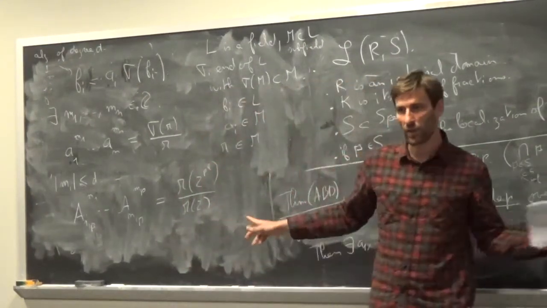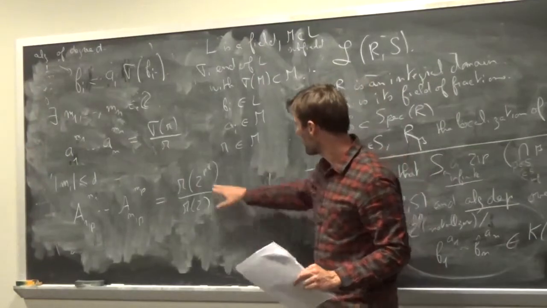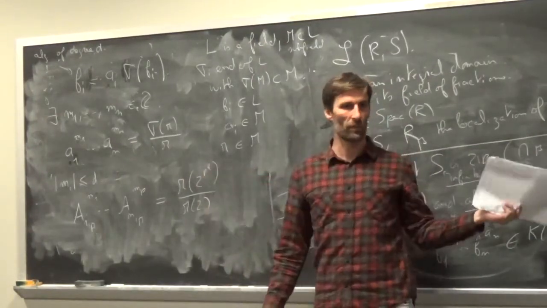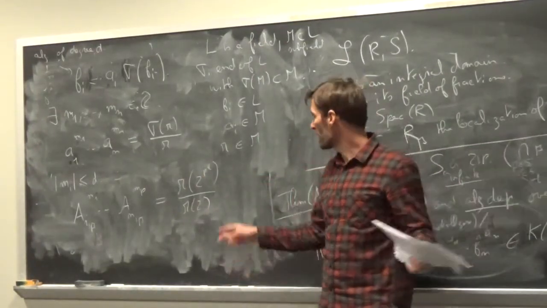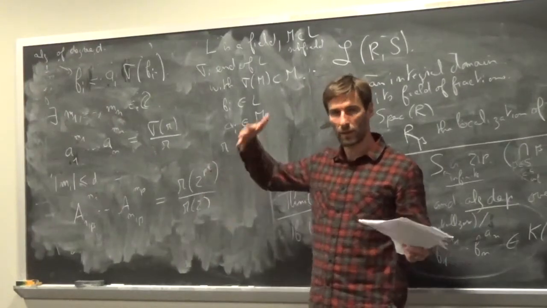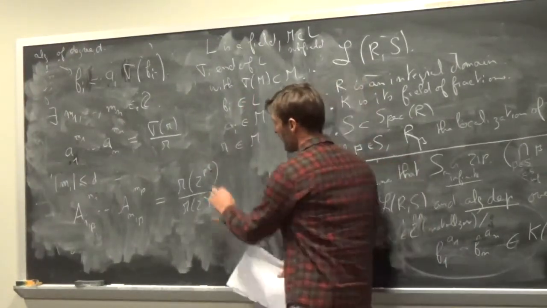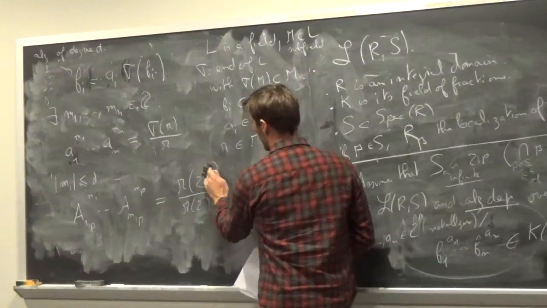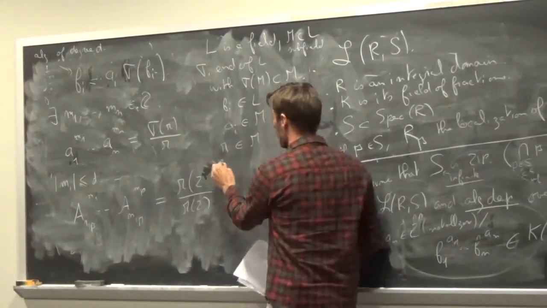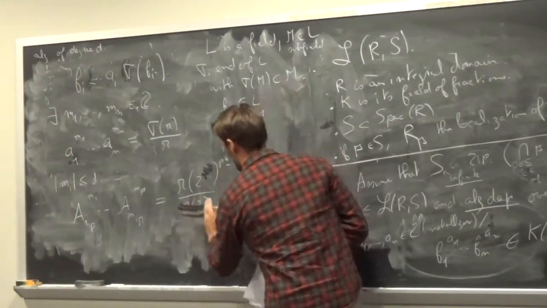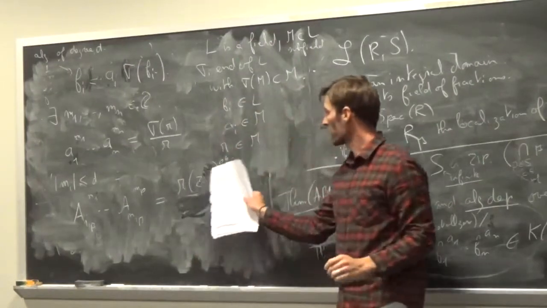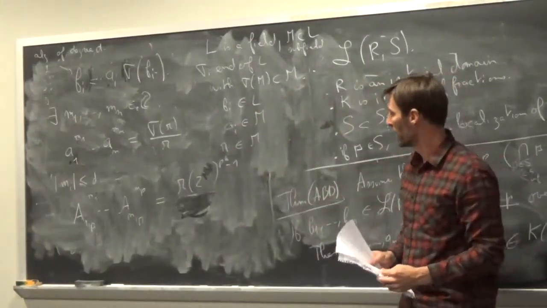This is the kind of situation we get, because we have this finite field of characteristic P, and if we iterate enough, this is just R of z^(p^k), so we get a given rational function to the p^k minus 1.